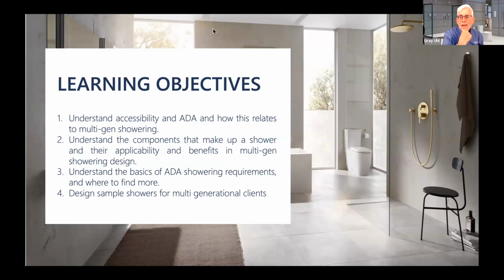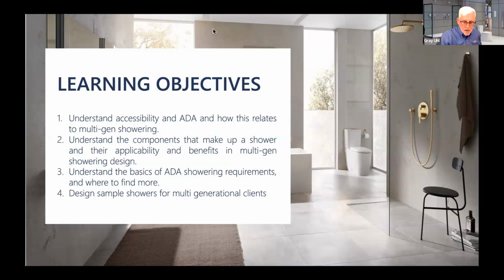So ADA was written into American law in 1990, saying that any public space needed to be accessible for everybody. ADA applies in the US to any public or commercial space. It does not apply to residential. I'll also talk about accessibility.